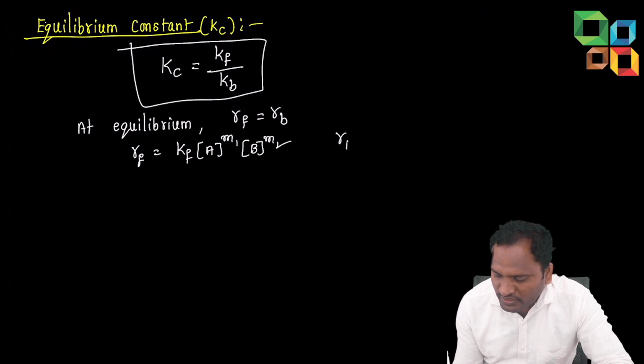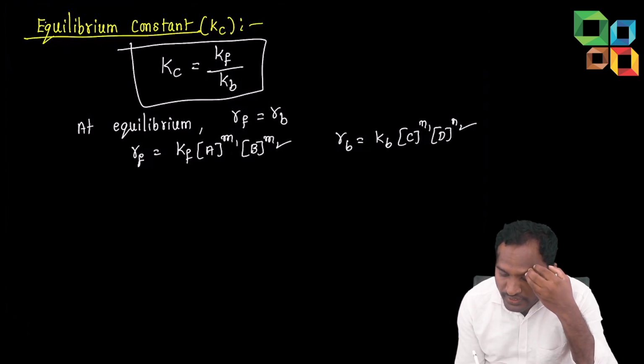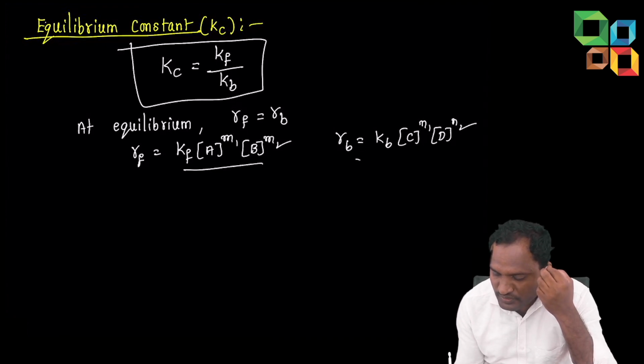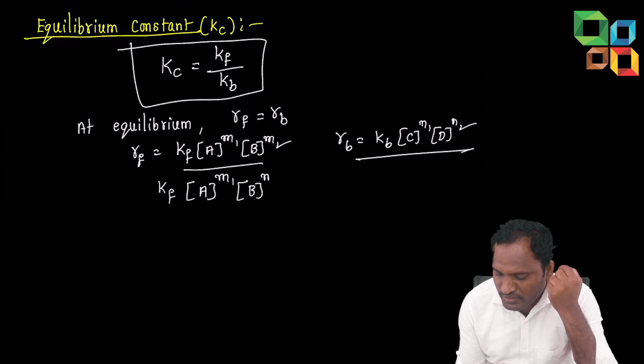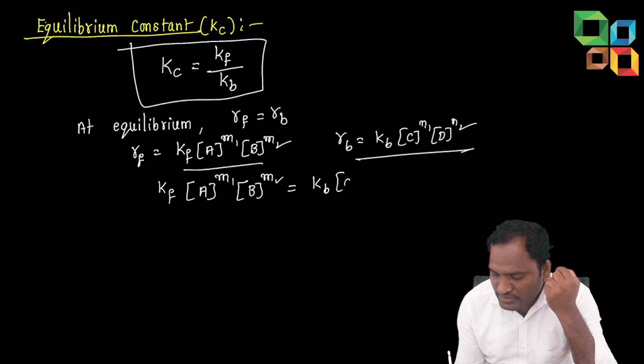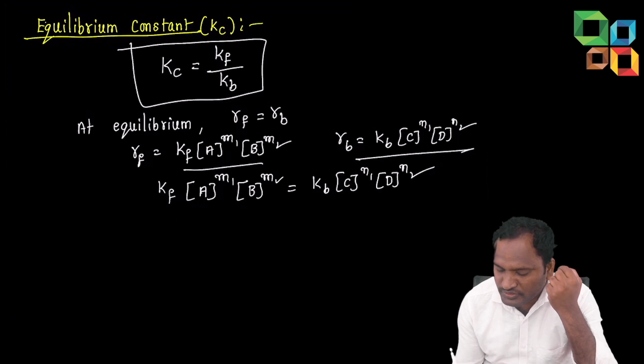Rate of backward reaction is Kb into concentration of C power n1 into concentration of D power n2. So at equilibrium, both are equal. Now I am going to equate these two: Kf into A power m1 into B power m2 is equal to Kb into concentration of C power n1 into concentration of D power n2.